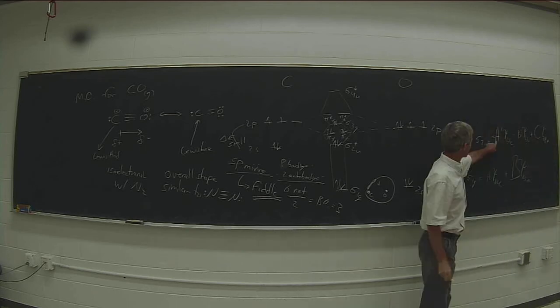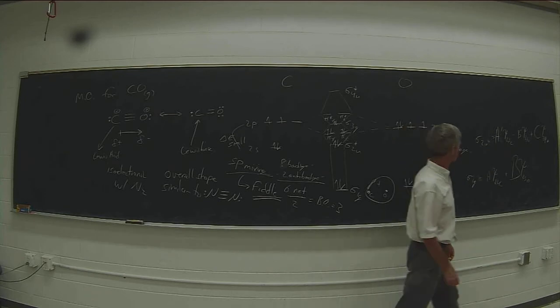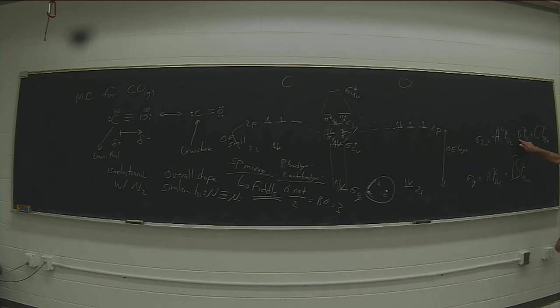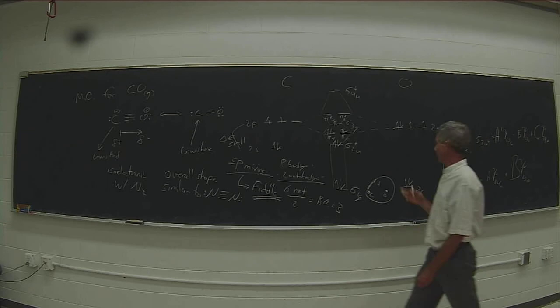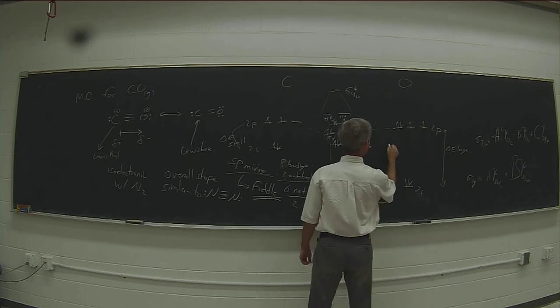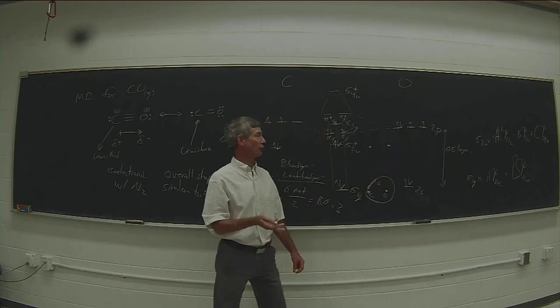So we're going to have a lot of this 2s orbital on carbon. We're going to have destructive interference with respect to the 2s orbital on oxygen and constructive interference with respect to the 2p. It's kind of hard to visualize that, but what you're going to have is a one-node orbital.